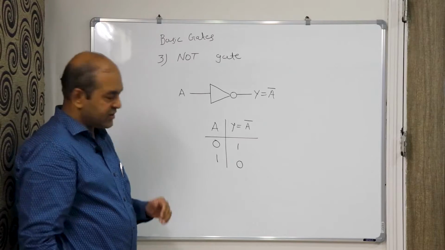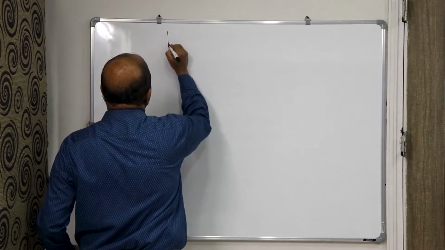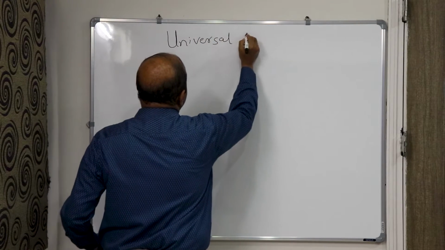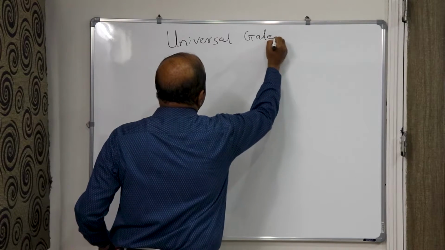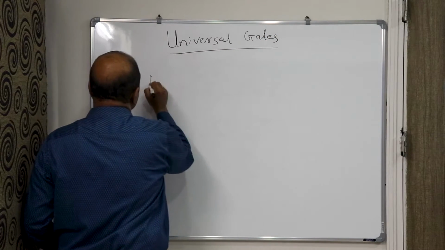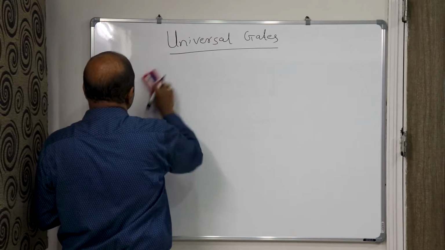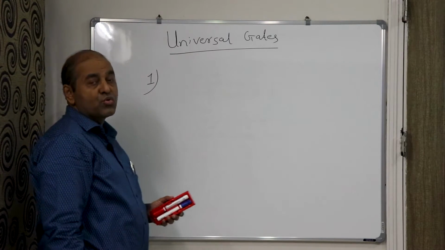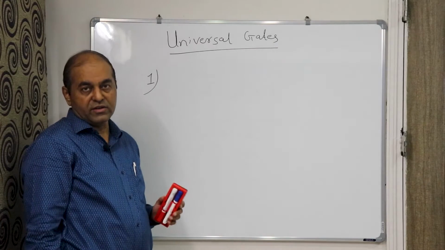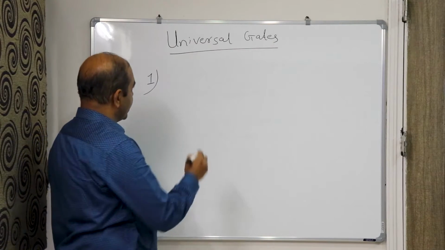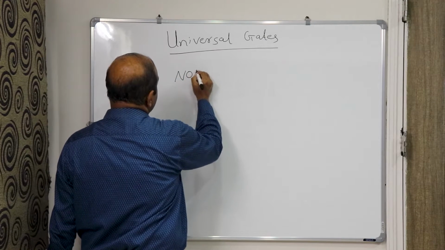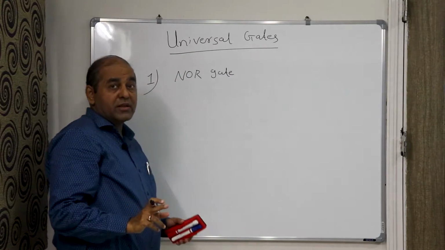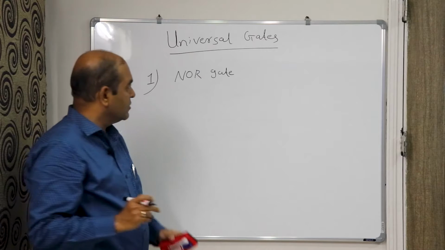Okay, now universal gates. In universal gate, we have two gates, NOR gate and NAND gate. First, we are going to discuss the NOR gate. NOR means not of OR.